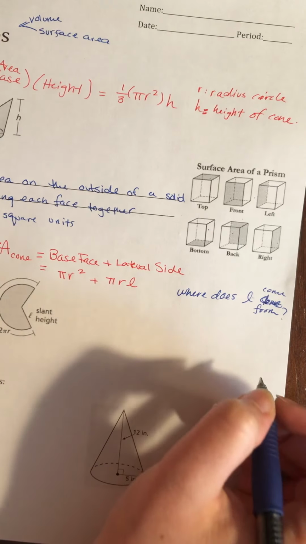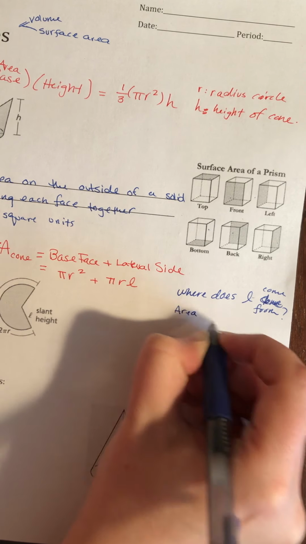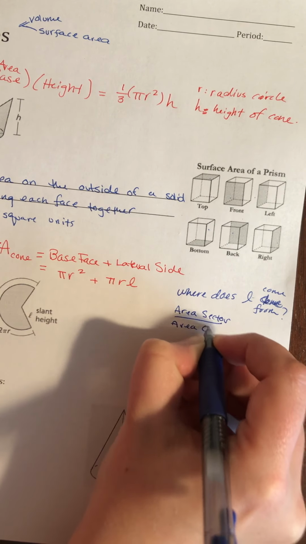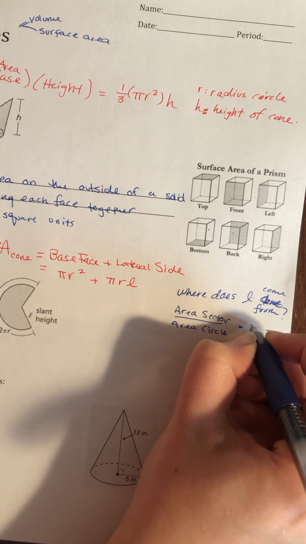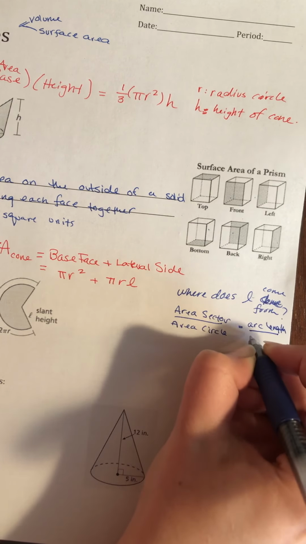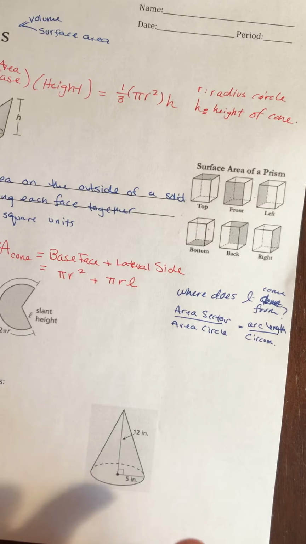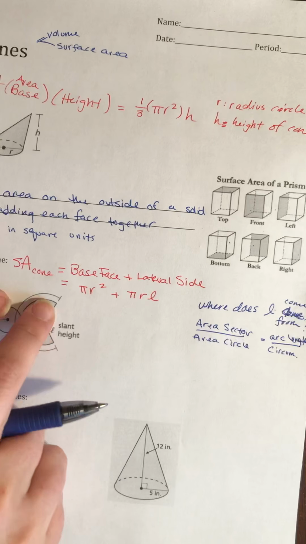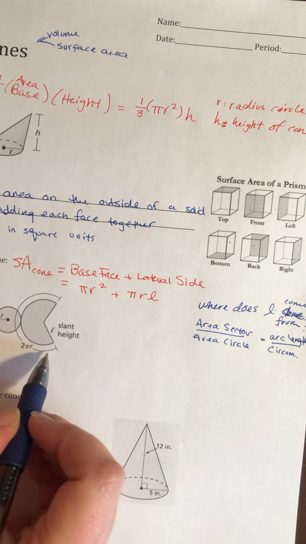Well, if you did the area of the sector that you're looking for over the area of the circle equals the arc length over the circumference. That's like in 11.1 and 11.2, where we talked about setting up those ratios. Essentially, it's this sector area compared to what it would be as a whole.